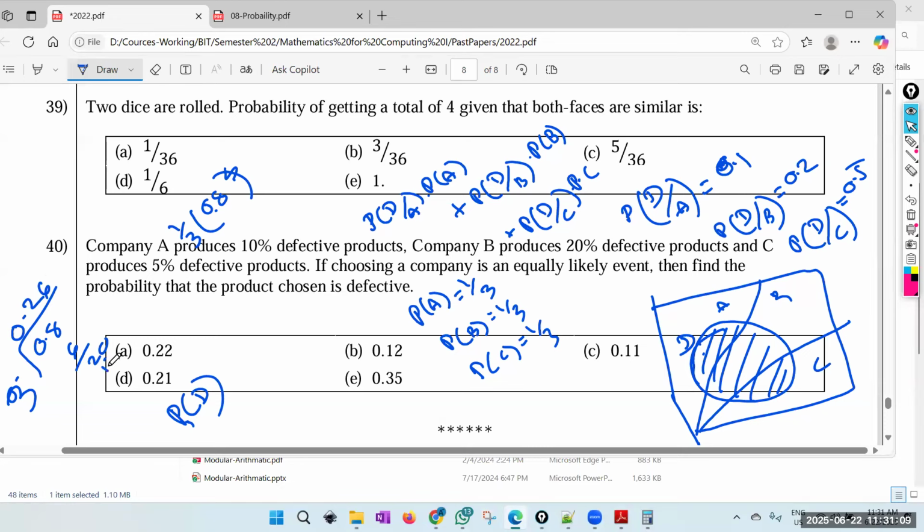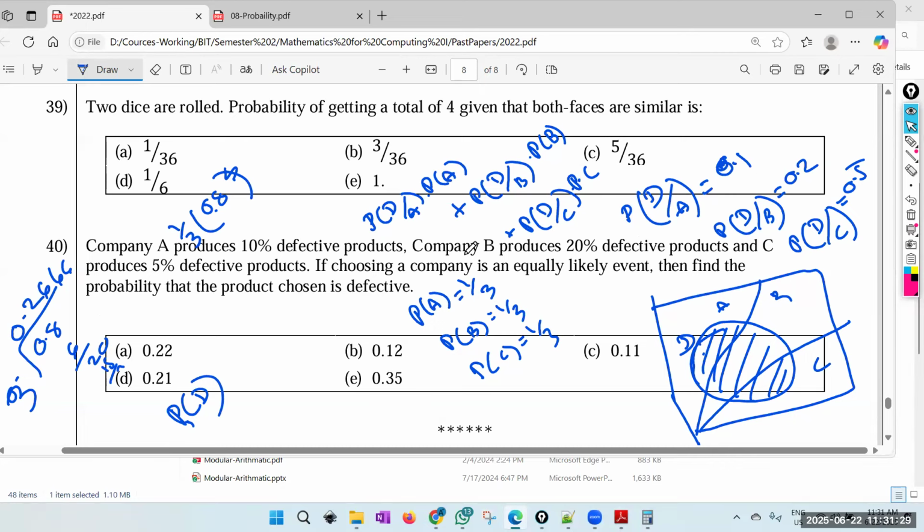But there's no such answer, right? There's no such answer.